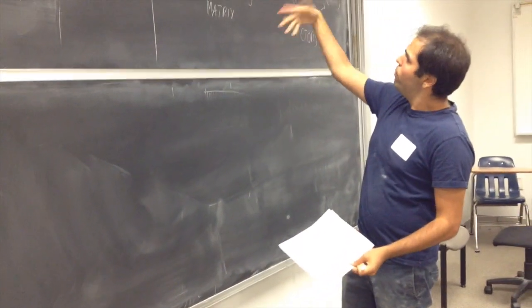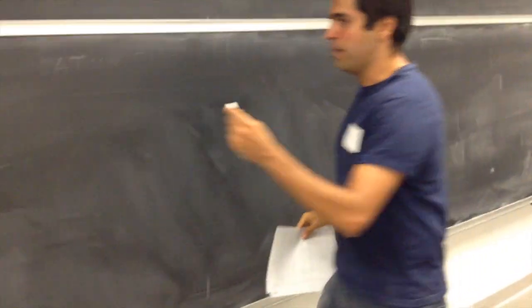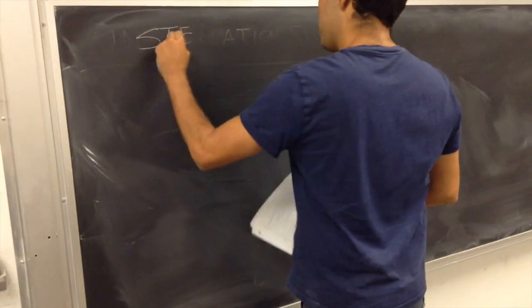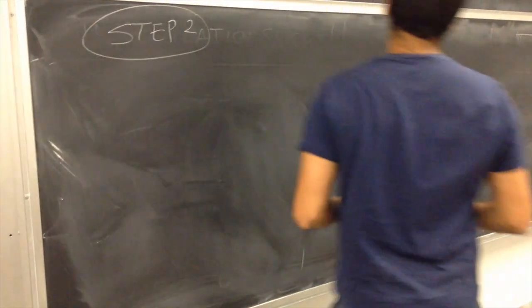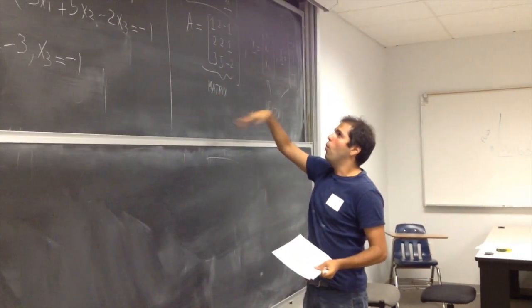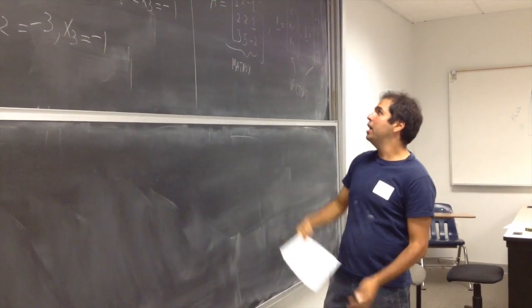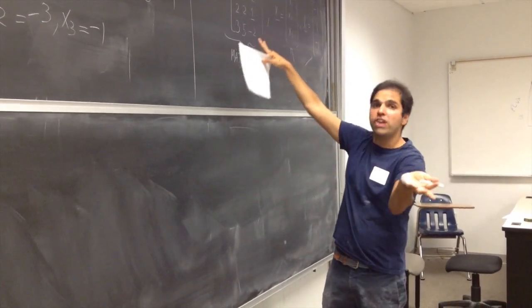Then in the next chapter, step 2, you basically study more of those matrices. What can we do to this matrix? Can we multiply them? Can we take 1 over A?